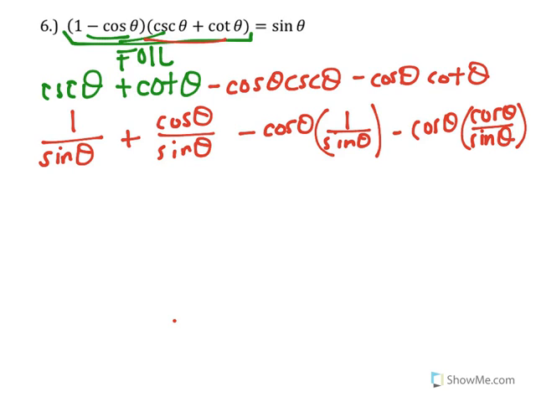Before I do anything on this left side at all, I'm going to handle my cosine of theta times 1 over sine and my cosine. I'm going to handle all of that.